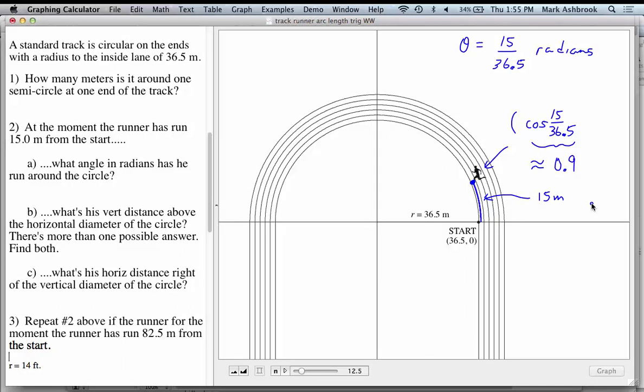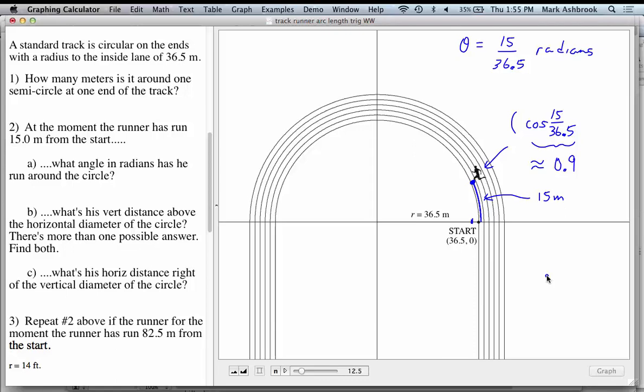If you were thinking 0.9, 0.95, that's in the ballpark. Even though he's run 15 meters, mostly he ran up, so he's still almost a whole radius length to the right of that vertical diameter.